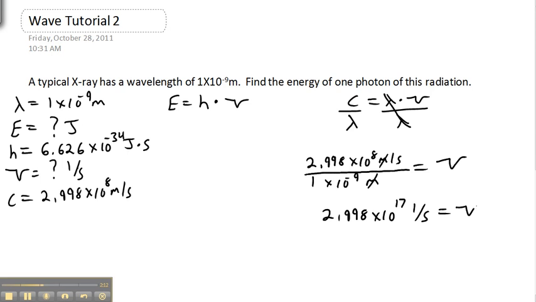That's frequency. And now we can take that number and plug it in up there in our original formula. So when I do that, I'm going to do it down low so we can all see it.